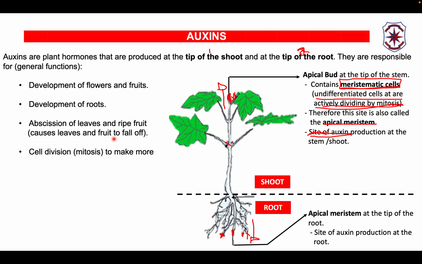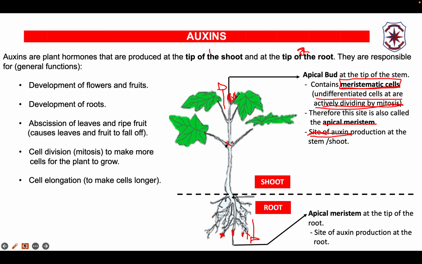And then, of course, auxins are very involved in cell division, particularly mitosis, to make more cells for the plant to be able to grow bigger and bigger. So it is responsible for making more cells for the plant to grow. And then auxins are also responsible for cell elongation. So auxins are not only responsible for making more cells, they are responsible for making cells longer.